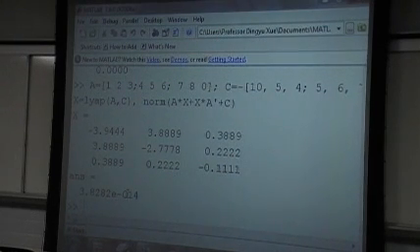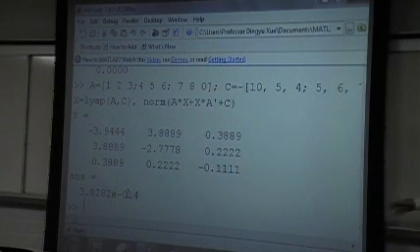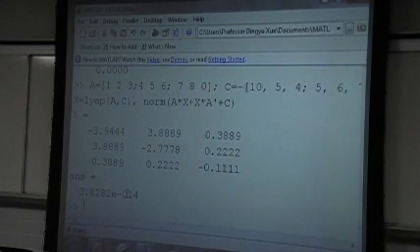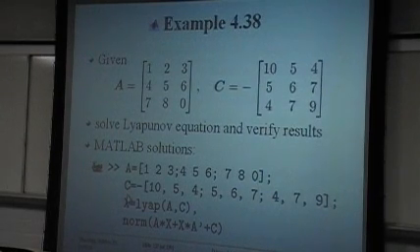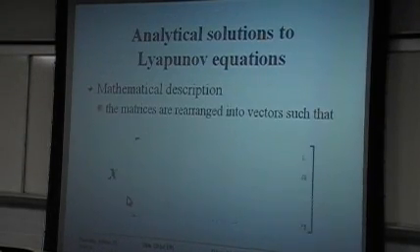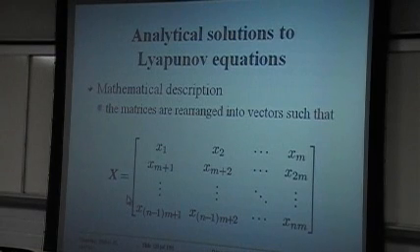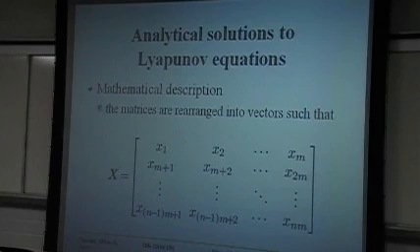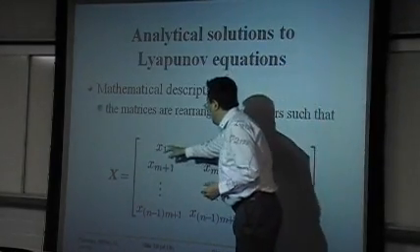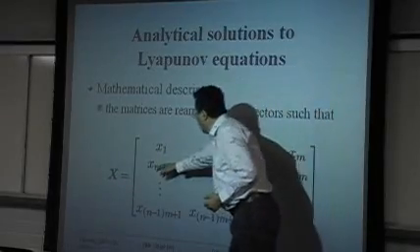And the question is, can we get a better solution? If you are not quite happy with it, can we get a better solution, or can we have an analytical solution to the problem? To find the analytical solution, we need this kind of manipulation. First, we need to rearrange the original X matrix and C matrix in this way.